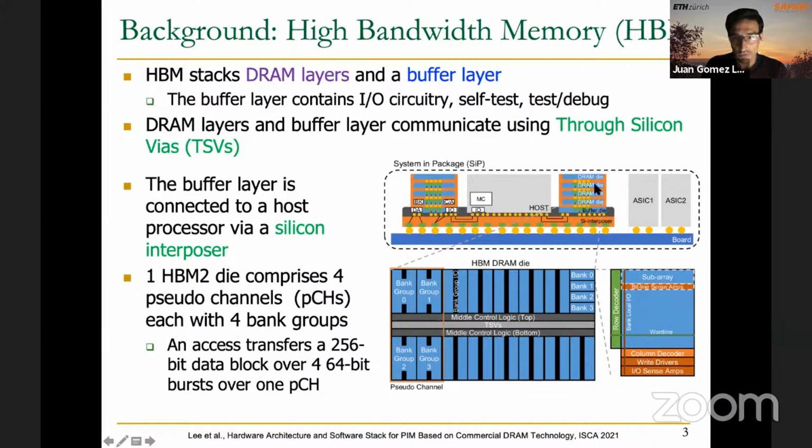Here in this figure, you can see two stacks of HBM memory with the DRAM layers and a buffer layer at the bottom. The buffer layer is directly connected to the host via this silicon interposer. And the way to access the data from the layers is by using these vertical connections that are called through silicon vias, or TSVs.